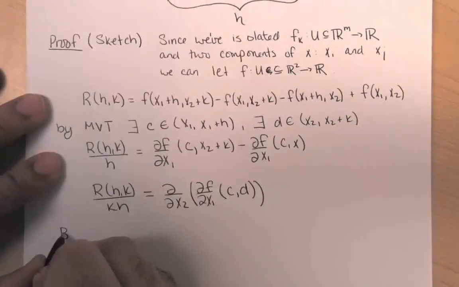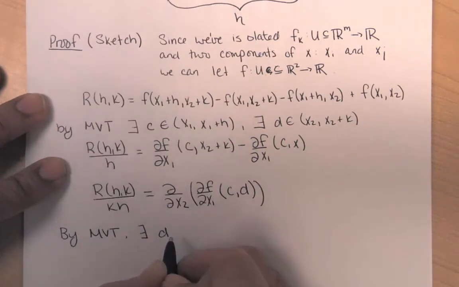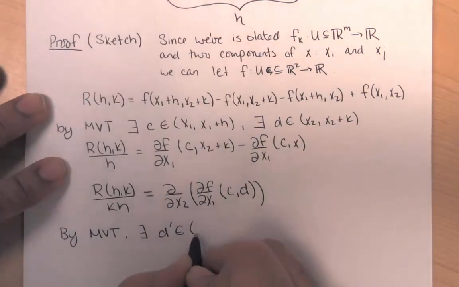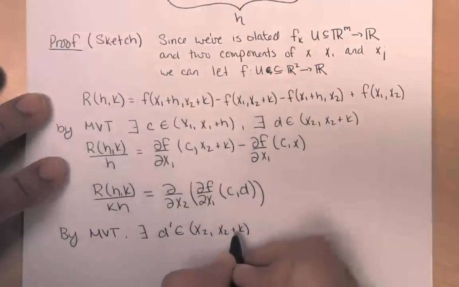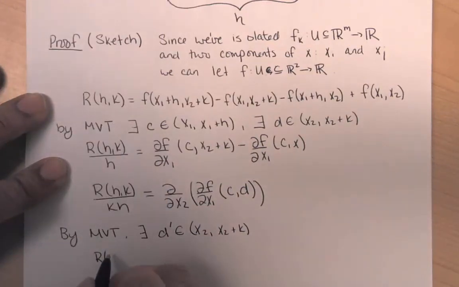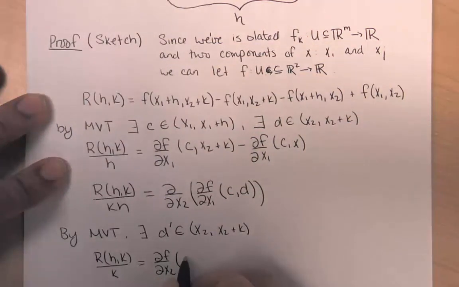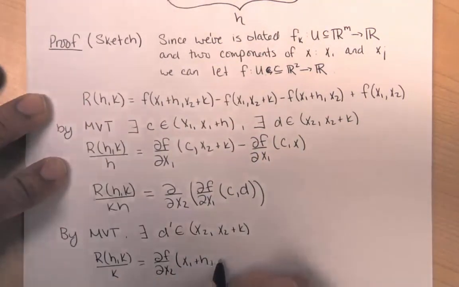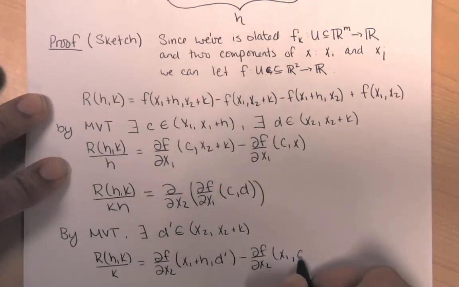So again, by the mean value theorem, there exists another d, we'll call it d prime, between x2 and x2 plus k, such that R(h,k) divided by k is equal to the derivative of f with respect to x2 evaluated at x1 plus h, d prime, minus the derivative at x1 comma d prime.